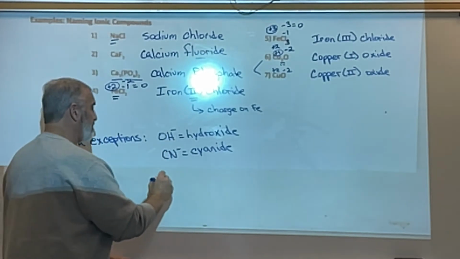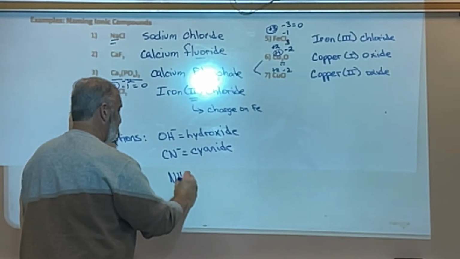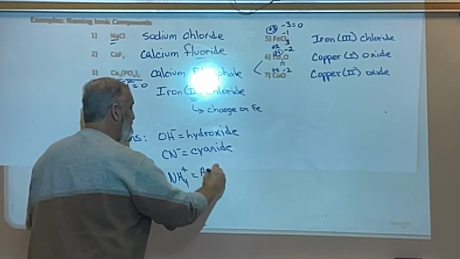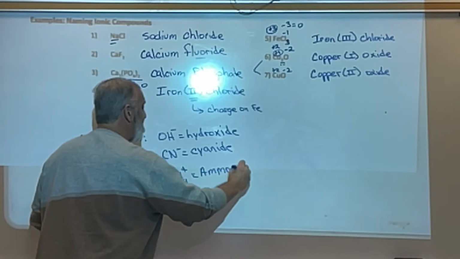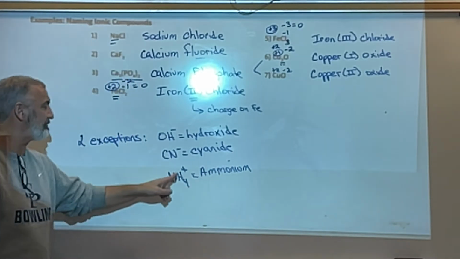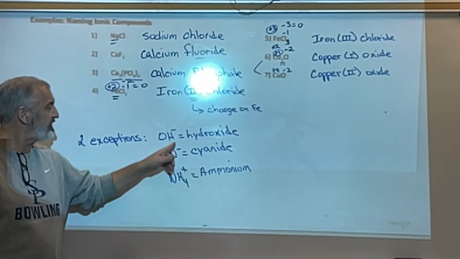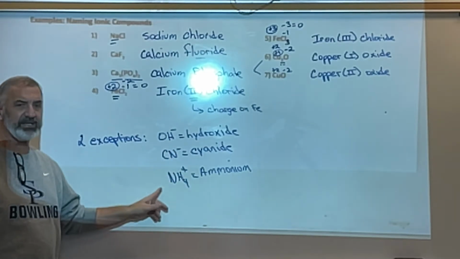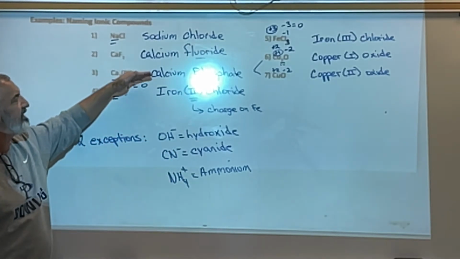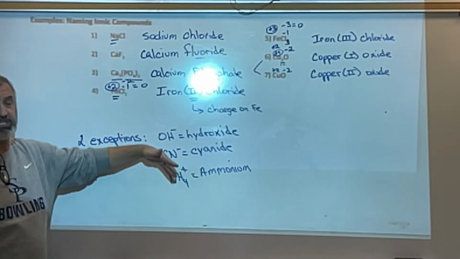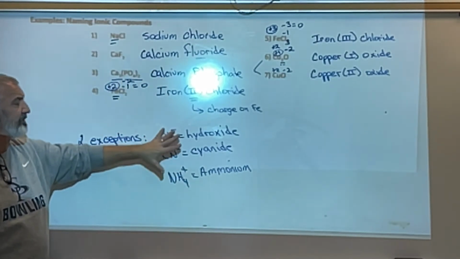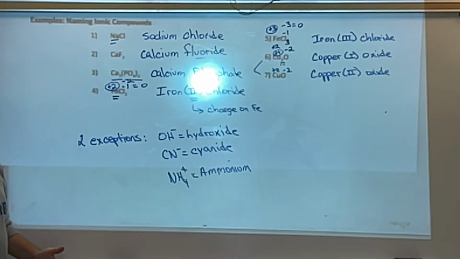Ammonium, NH4+. That's the only polyatomic cation, the only polyatomic positive ion. So these 3 are just ones you need to be able to recognize. All the other ones kind of stand out and will be on that. All of these are on this sheet that I gave to you, but these are a little bit different than all the rest of them. Okay?